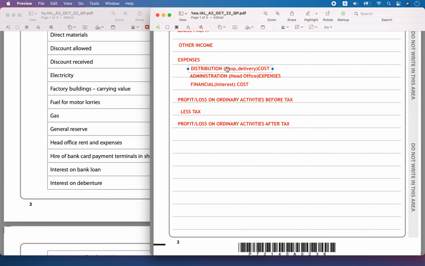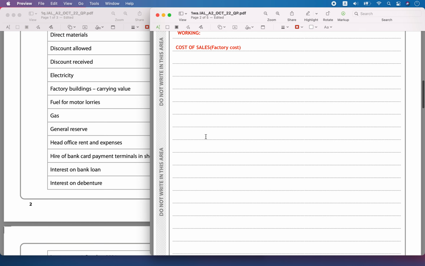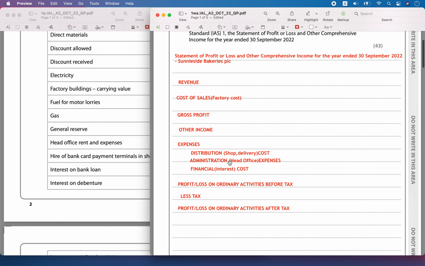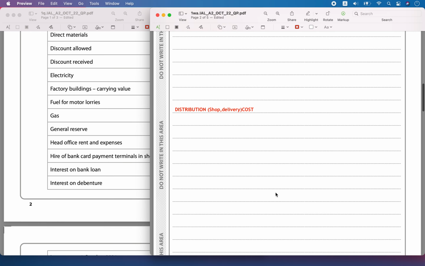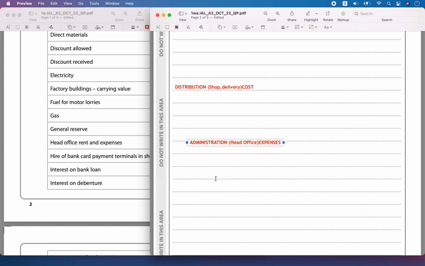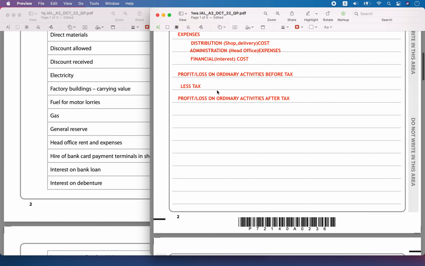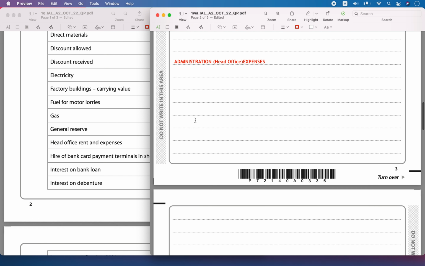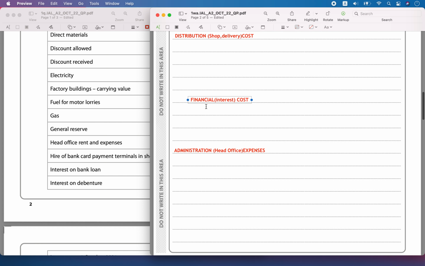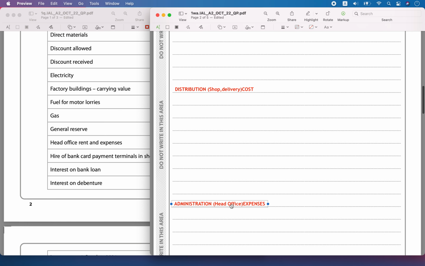Then you will also identify the distribution cost, then administration costs, and then financial cost.